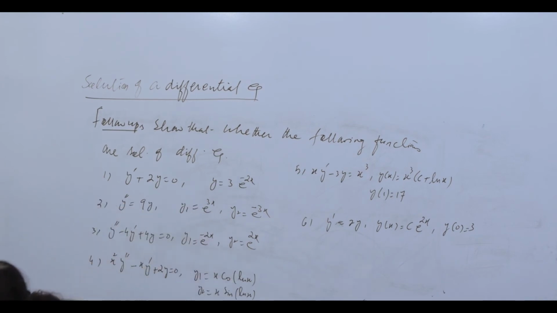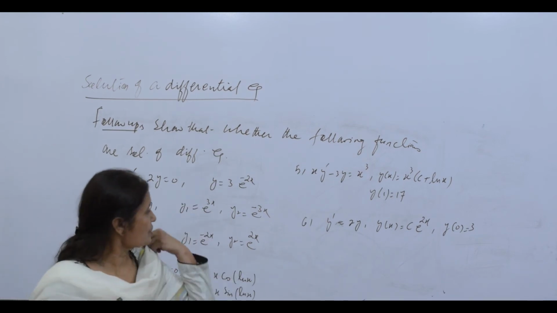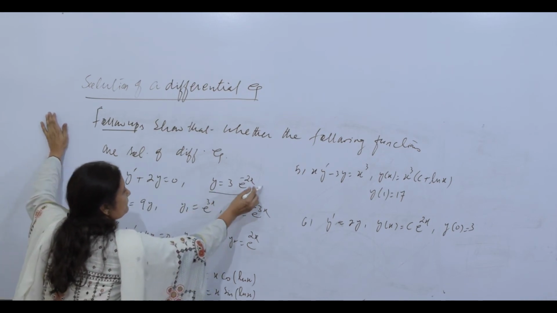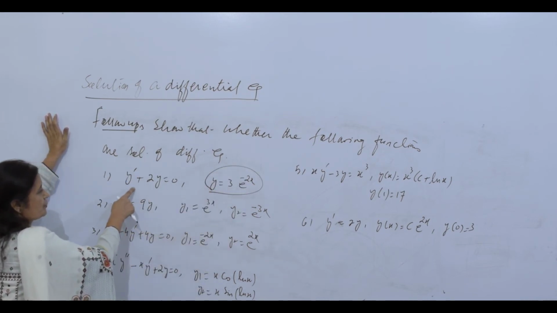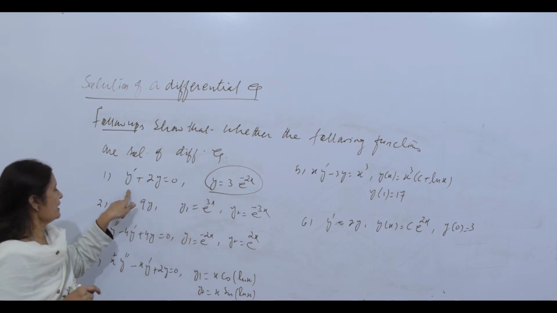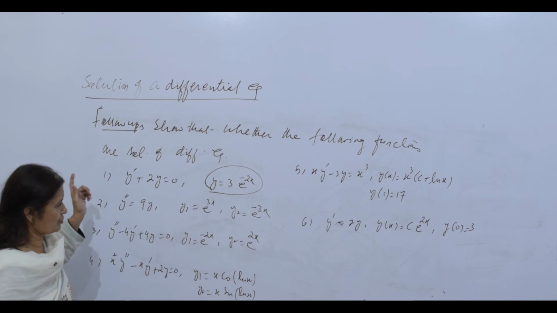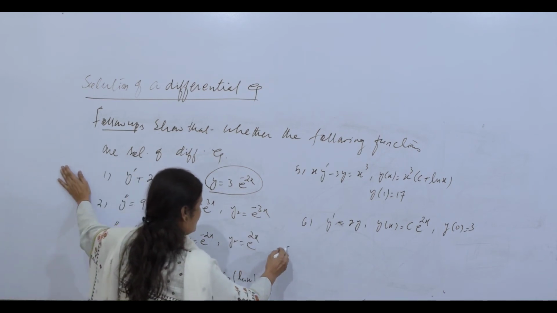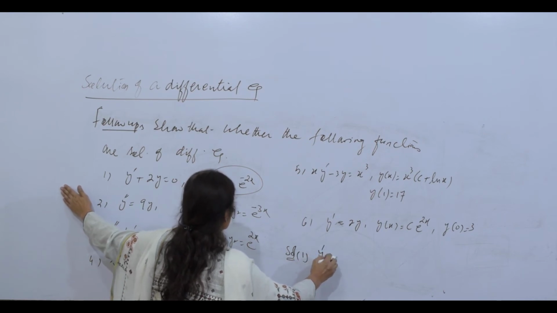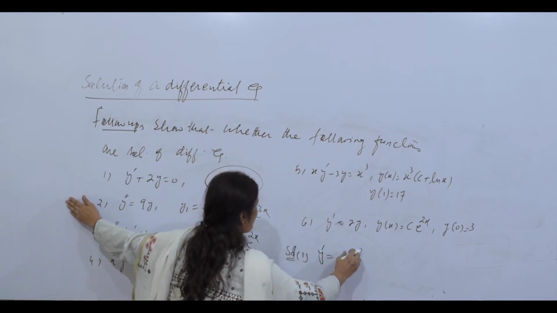So a couple of follow-ups are there. This is the function. If this function is a solution, what do you do? You take the first derivative of this and put it there. Let me do this first. Solution number 1: y dash is equal to minus 6e^(-2x).